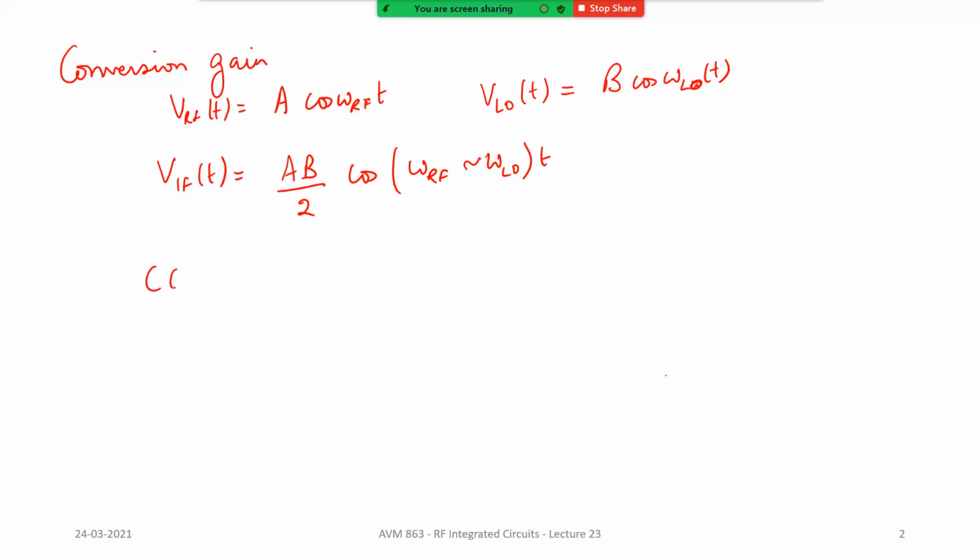And the conversion gain was given by B by 2. Now, this was just a mathematical example, okay?